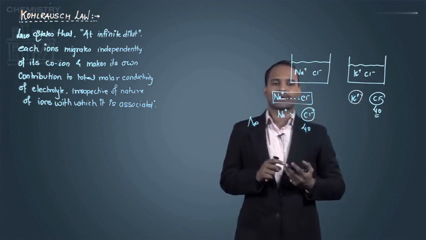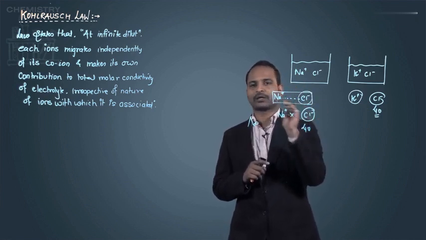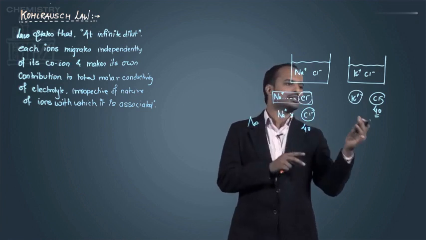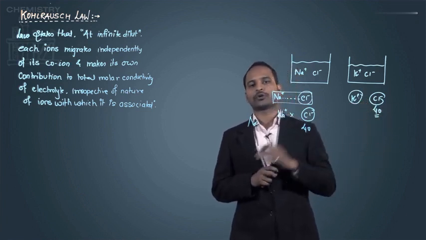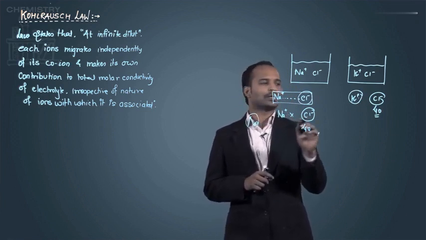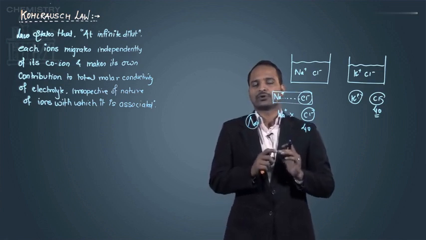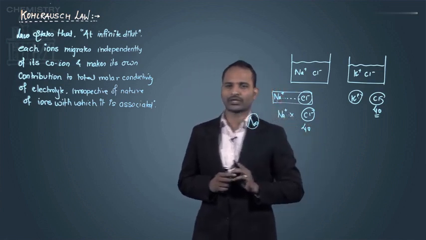But if there is an interaction, then the Cl minus ion conductivity with respect to the Na plus ion and with respect to the K plus ion would be different. But when I am talking about the infinite dilution condition, there is no interaction between Na plus and Cl minus, so the chloride ion conductivity is the same whether it is with a sodium ion or potassium ion.